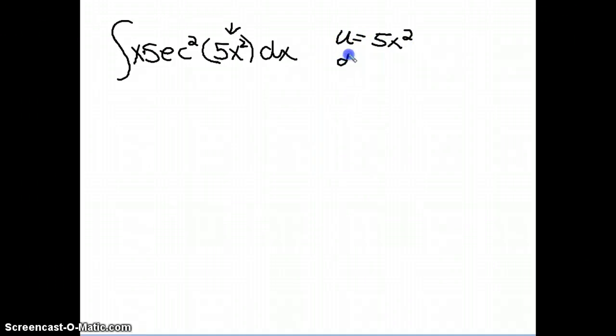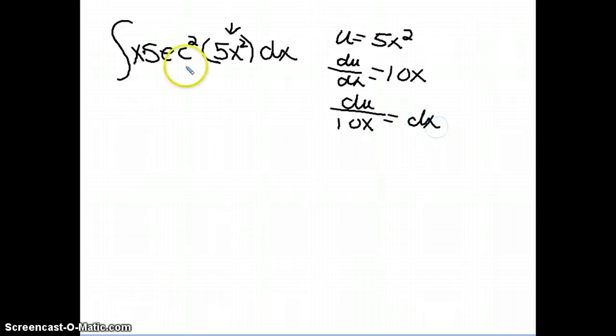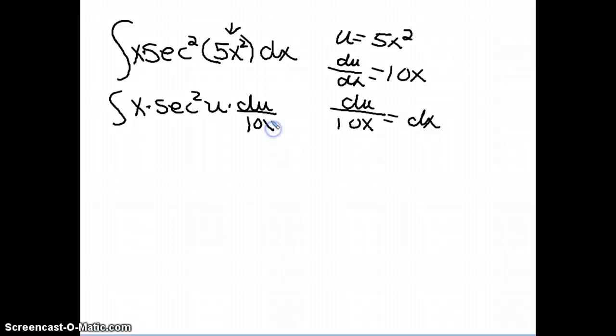The derivative of that is 10x. And so du over 10x is equal to dx. So I'm going to leave this x alone. Here's x. I get secant squared of u times du over 10x.